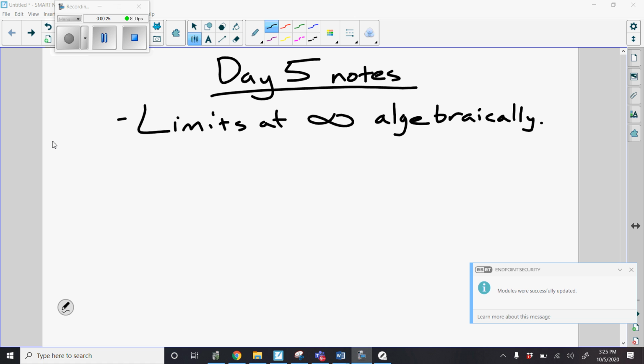So when we look at especially rational functions, it's important to understand how powerful the top or the bottom is.